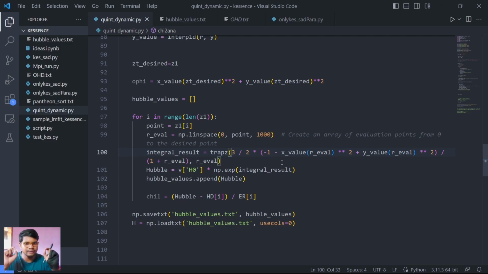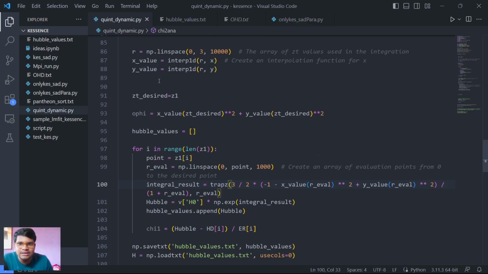It's just seeing the value. So what is this x value then? Now this x value is taking the interpolation of this one. So now you have the bunch of lists, and it will try to take all the lists over here, right? Because you have the complete solution of x and y. If you do not have the complete solution, then how will it know, because you have to understand, right?